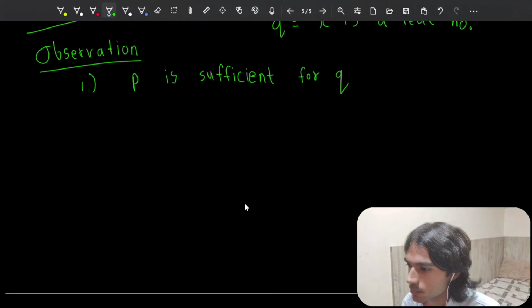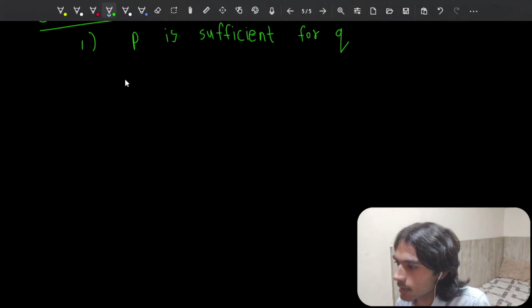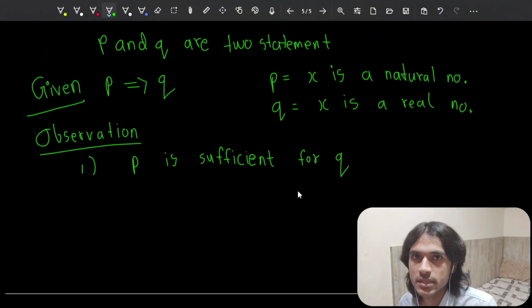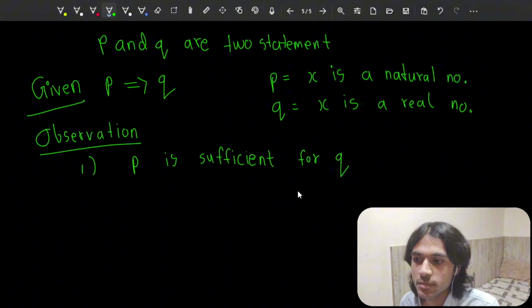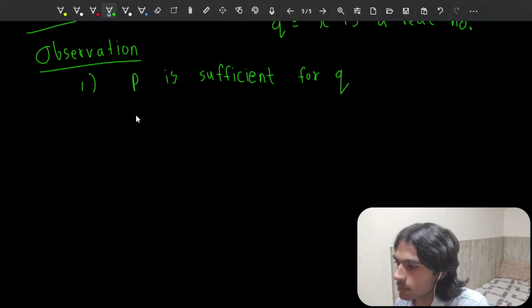Let me give an example. Let's say our original statement was this: P is a statement where X is a natural number and Q is a statement where X is a real number. I'm just going to assume something that will make P true. Let's say 5 is a natural number.